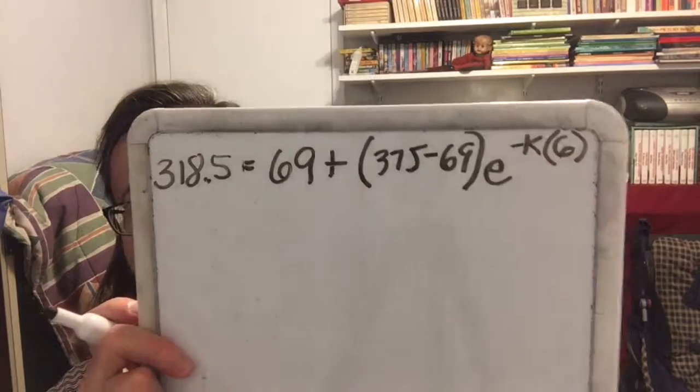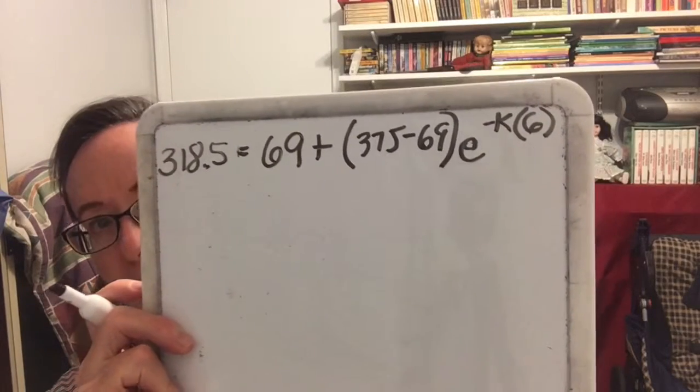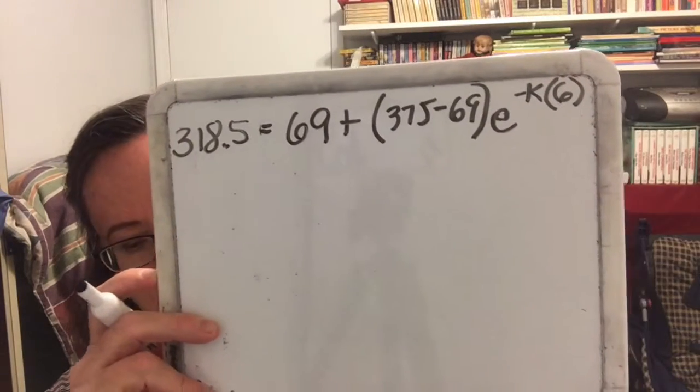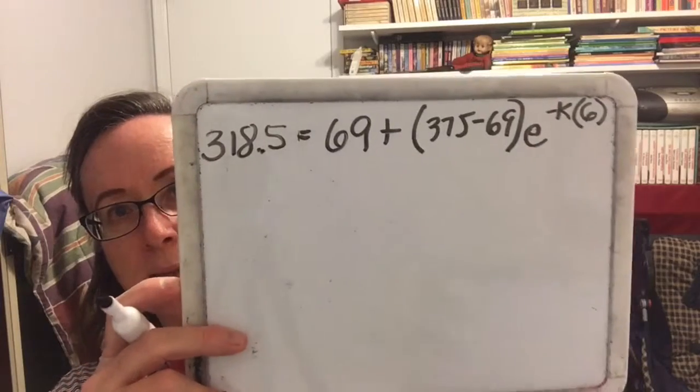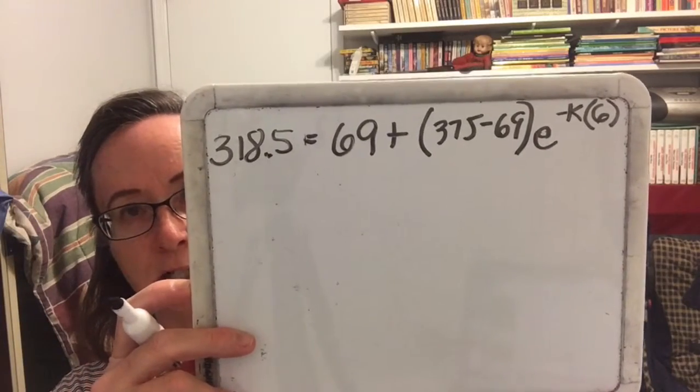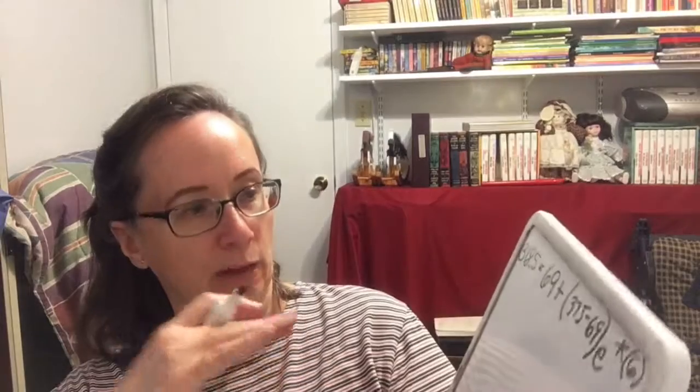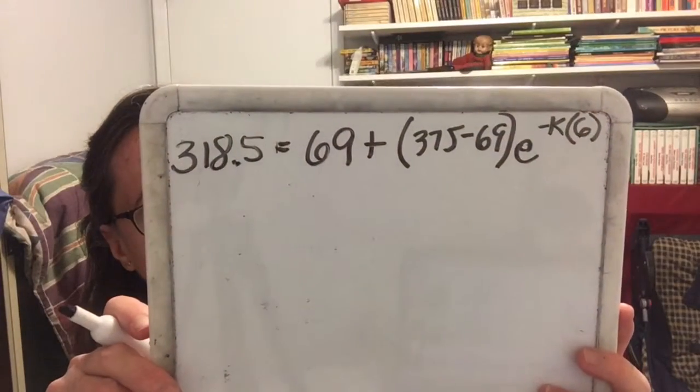Now that allows us to find our k, the rate at which it is decaying or getting colder in this case. And k is the only thing that's not known, notice. So we're going to start to work through this.